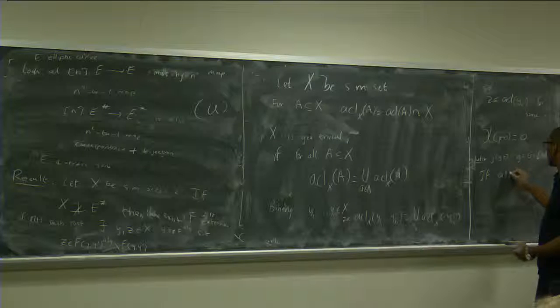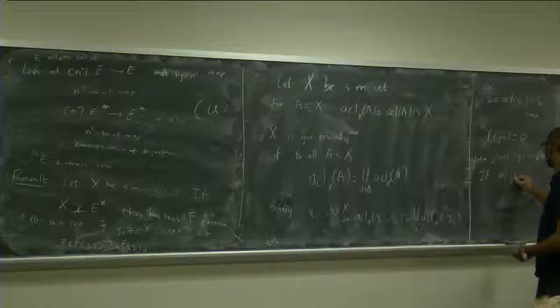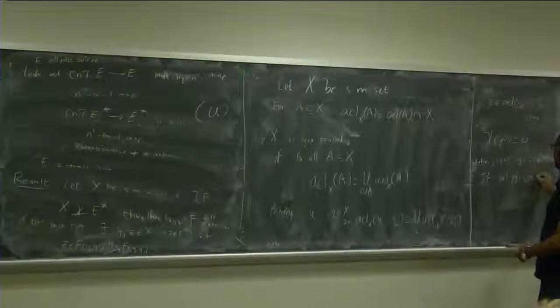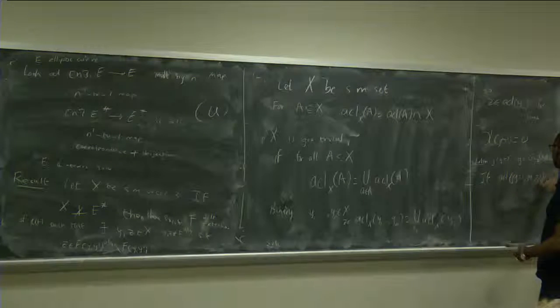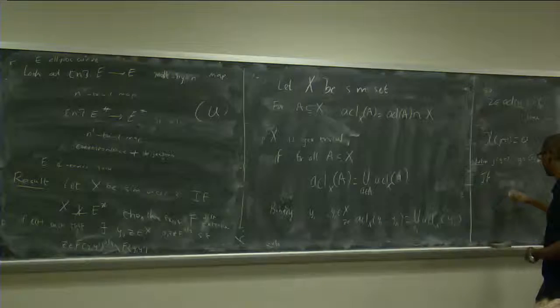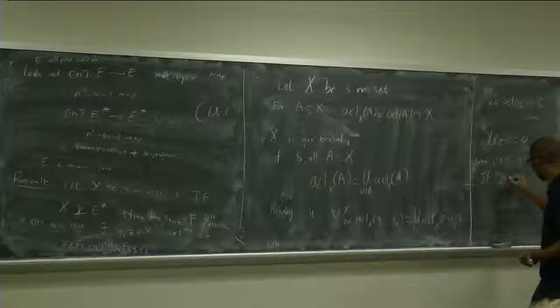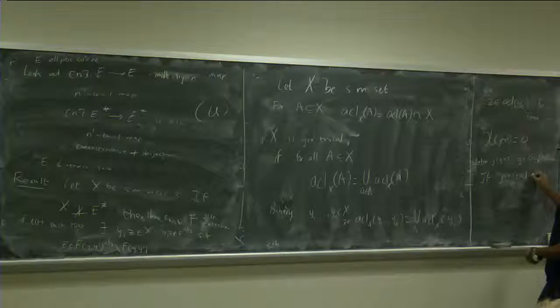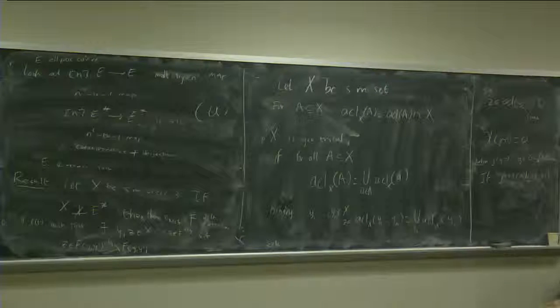And so if you have dependencies, if J1 tau is in ACL of J2 tau, what can it be?